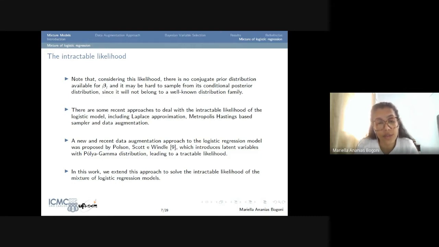In the literature, there are some recent approaches to deal with this problem. These approaches include Laplace approximation, representation-based samplers, and data augmentation.